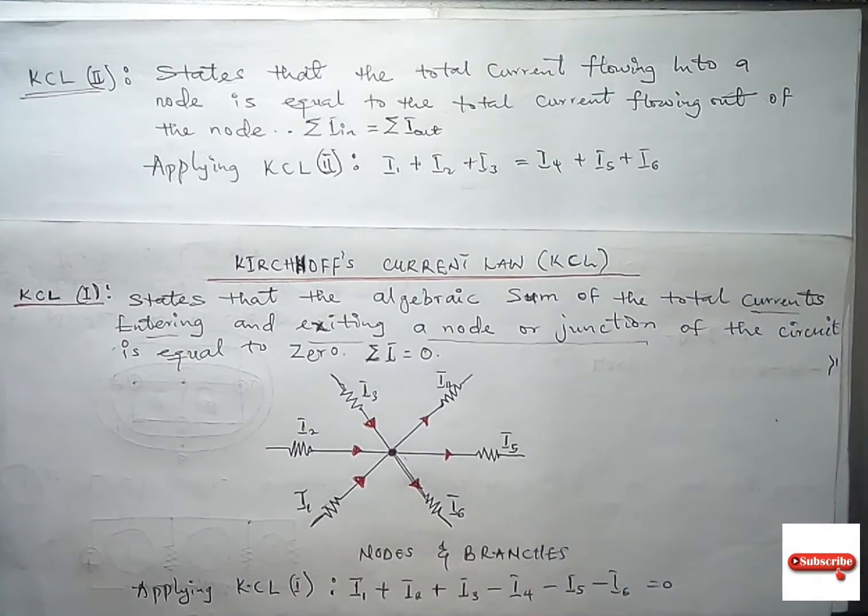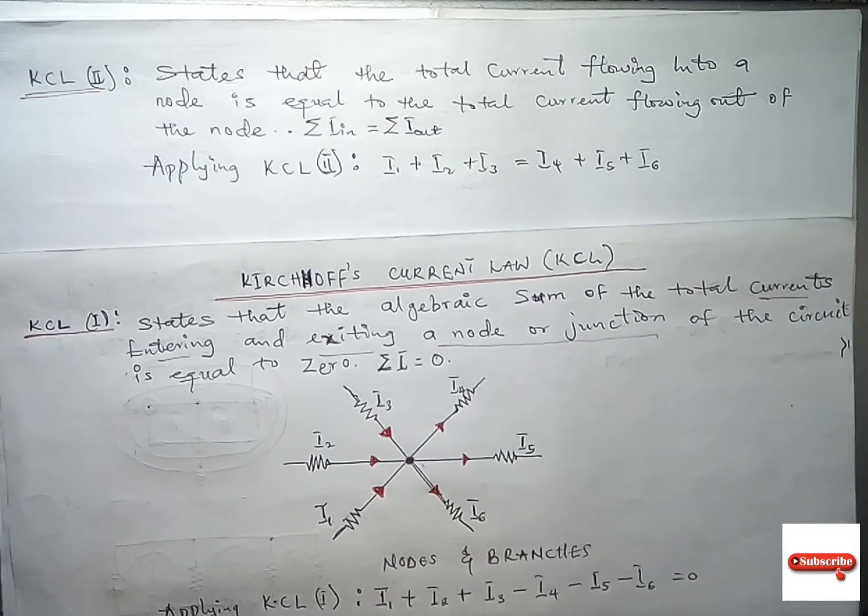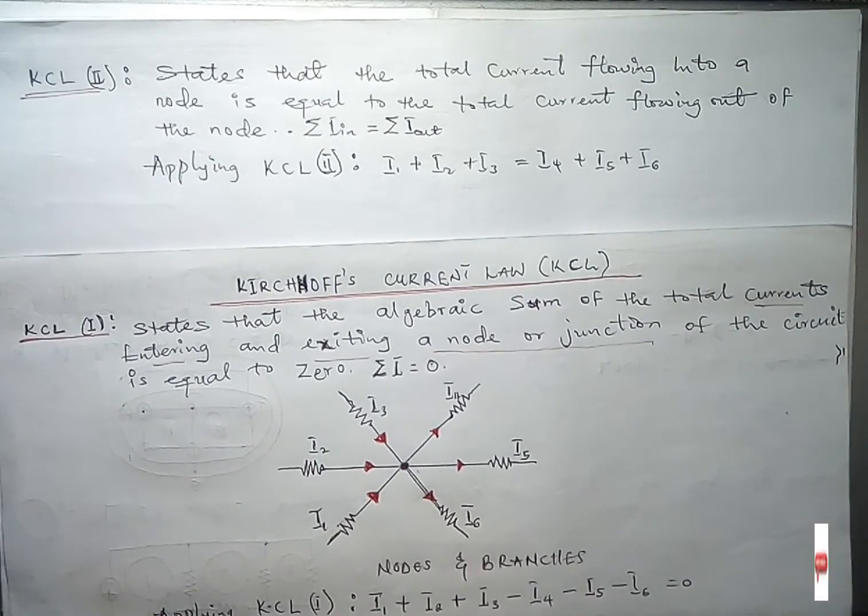So that is all about the second method of KCL, which means the total sum of current entering a node is equal to the one that is leaving or exiting the node. So now let's go straight to the application and verification of KCL.